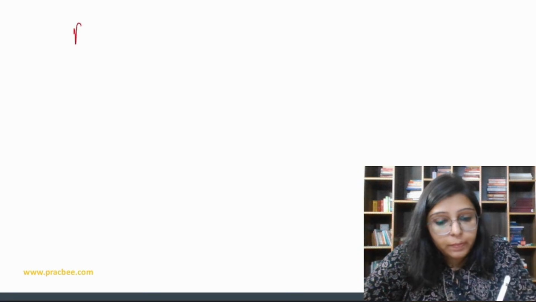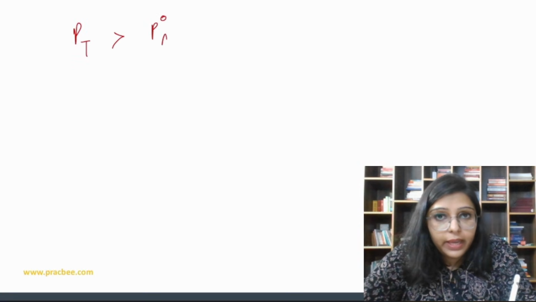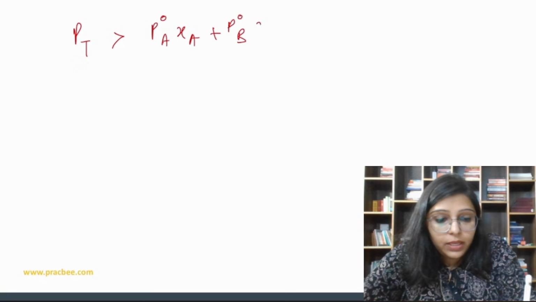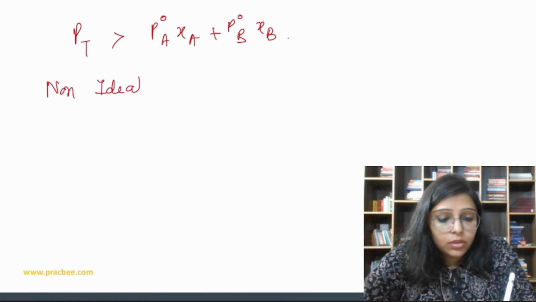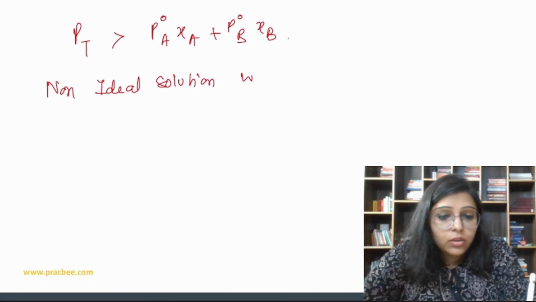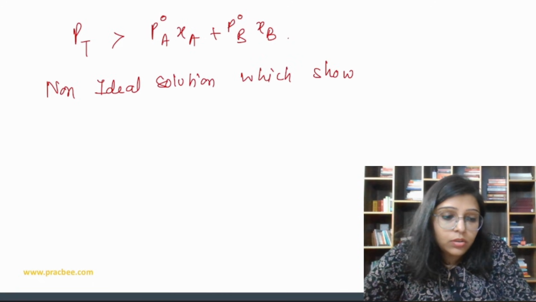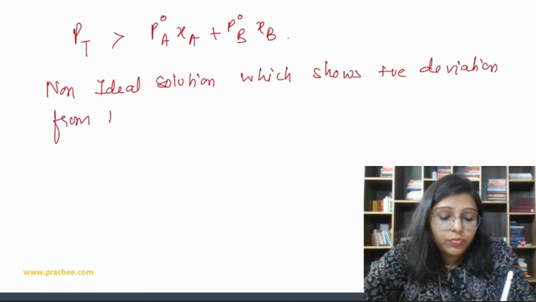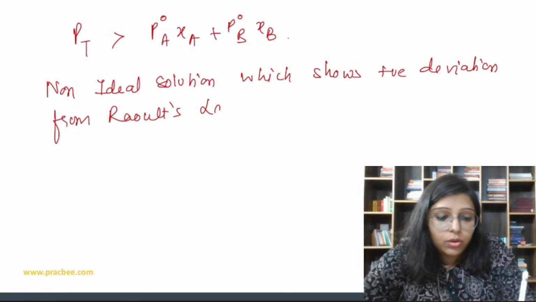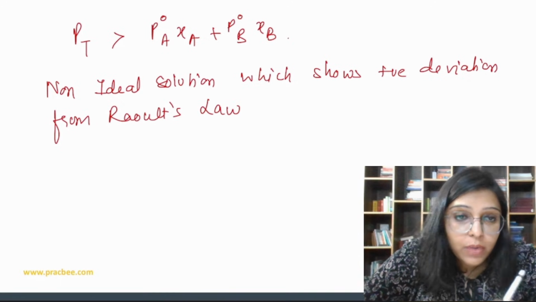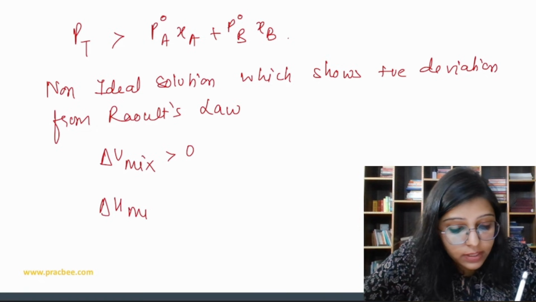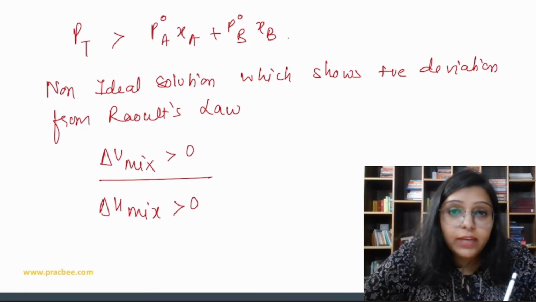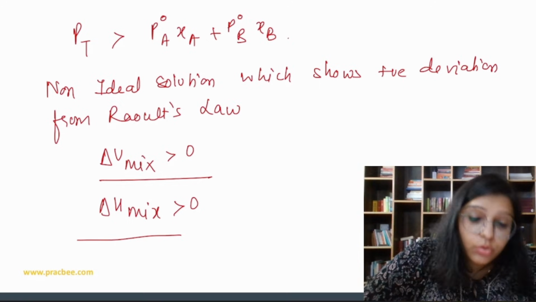So if P total is greater than P naught A XA plus P naught B XB, then it means they are a non-ideal solution which shows positive deviation from Raoult's law. So their delta V mixing is greater than 0. Even delta H mixing is also greater than 0. Delta V mixing is greater than 0 and delta H mixing is also greater than 0.